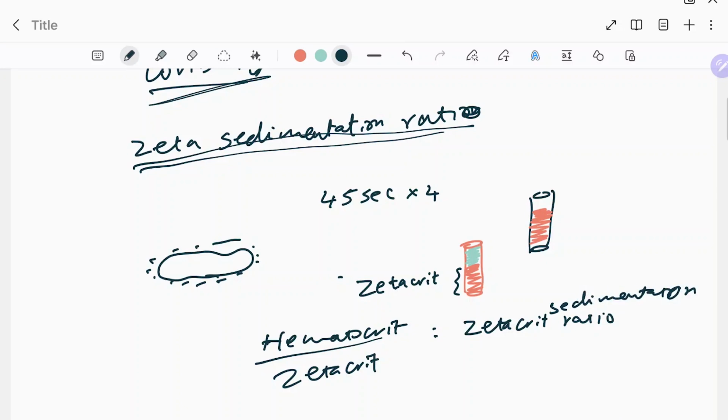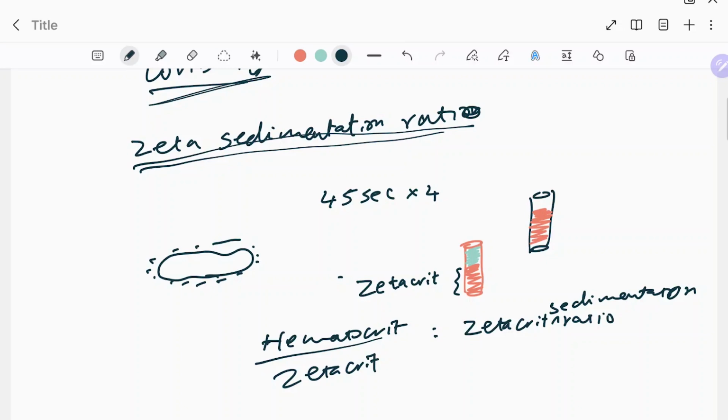And this ratio helps you to find out if you have inflammation. If you have anemia, you are countering the effect of the anemia and its influence. So you can find out the prognosis of this inflammatory condition that the patient is suffering from.